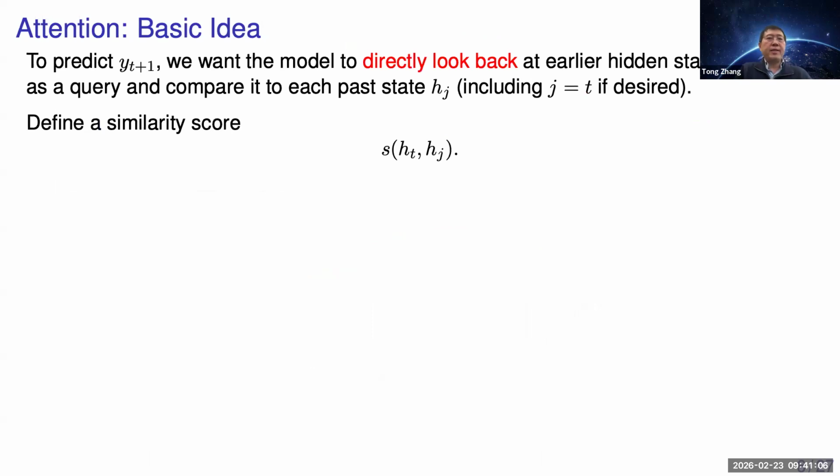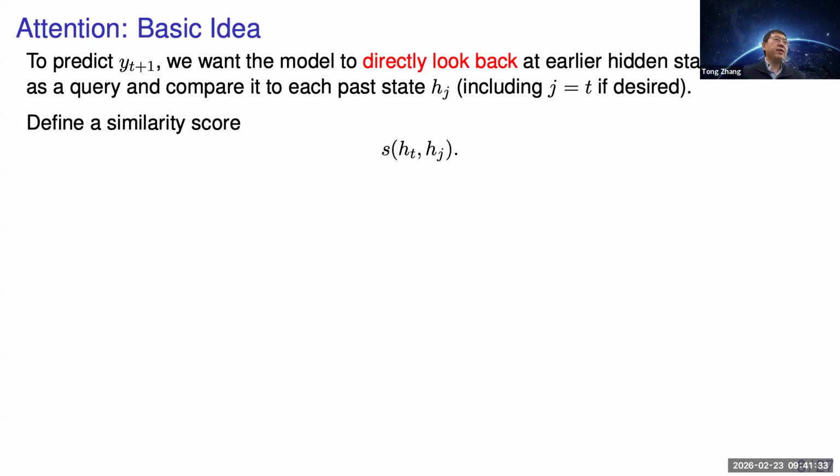The basic idea of attention, again, is a direct lookup. How do you create a memory system so that at any time t, I can look at any past history like h_j? h_t is my current state, and h_j are the earlier states.